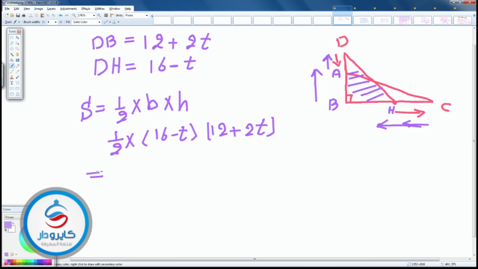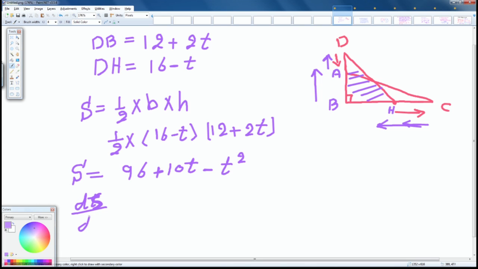By simplifying, we will get that S equals 96 plus 10t minus t squared.